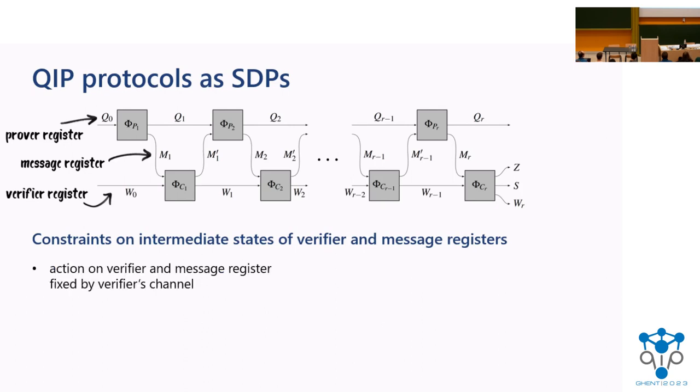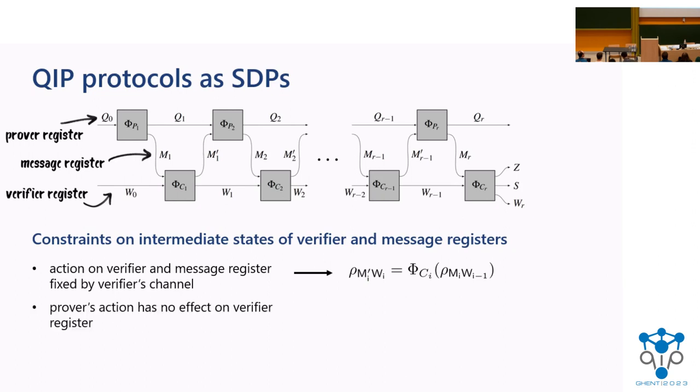Firstly, going from here to here must be done via this particular verifier map. And the verifier map is something that we explicitly know. We can come up with the verifier, so the verifier maps down here are fixed. In equations, it means that this rho m I prime wi, which would be the state here, must be generated from this input state by application of the verifier map.